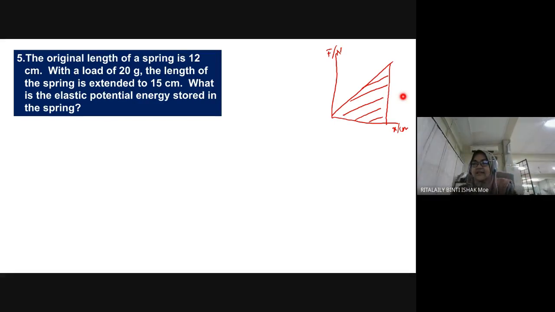If it's a graph, but the graph is not given here, so what is the formula? If you look at the graph, what is the formula for the area under the graph? Half kx squared. Okay, so there are two methods to calculate elastic potential energy. One is the area under the graph, which is half Fx.